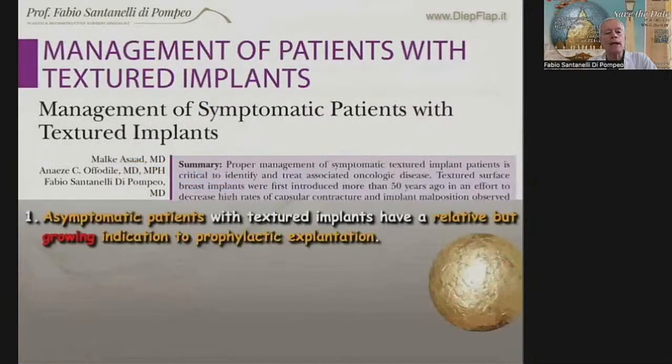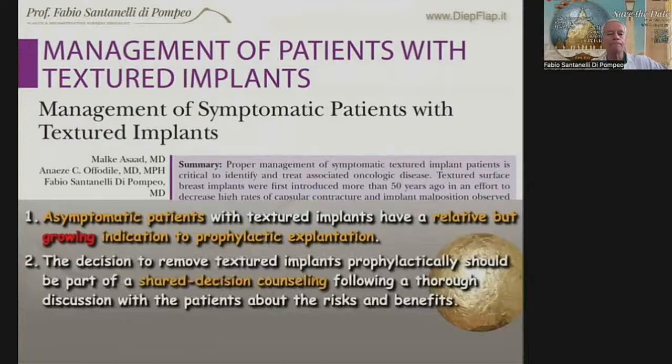So, how to manage an asymptomatic patient with textured implants? They have, in conclusion, a relative but growing indication for prophylactic explantation. We confirm what we stated in our previous paper, but this relative indication is growing with time as the evidence is growing as well, from level 3 to level 2.